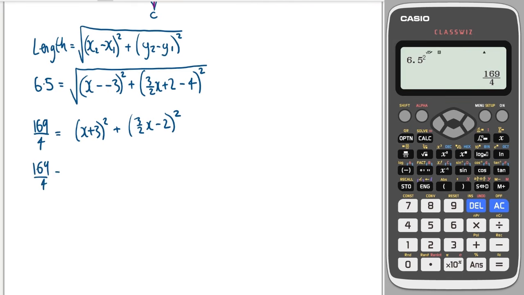So I will get x squared plus a 3x and another 3x, which will give me 6x, plus 3 times 3 is 9. I will get 3 over 2x times by itself, which is 9 over 4x squared. I'll then get a 3 over 2x times minus 2, which will be minus 3x, and I'll get another one of those, so it'll be minus 6x, and then I'll get a minus 2 times by itself, which will give me a plus 4.